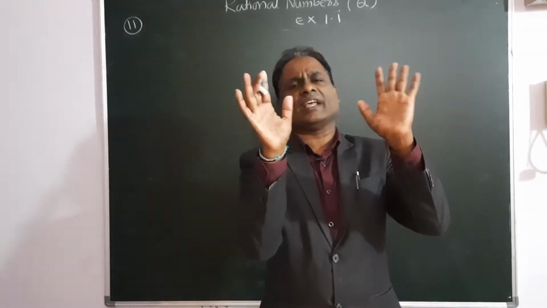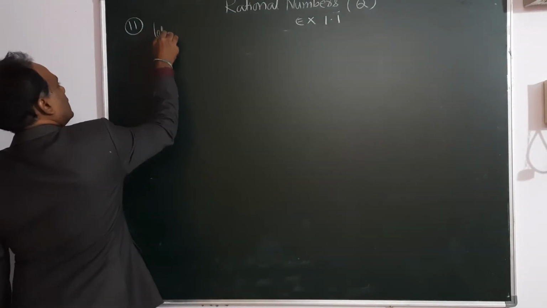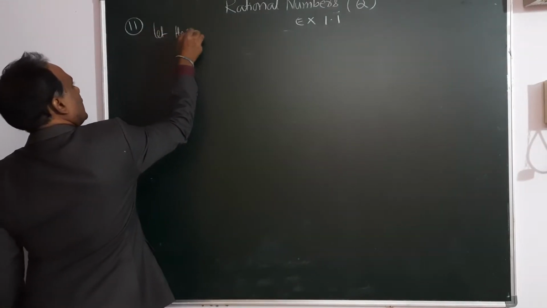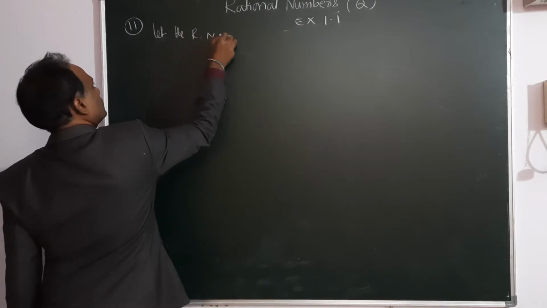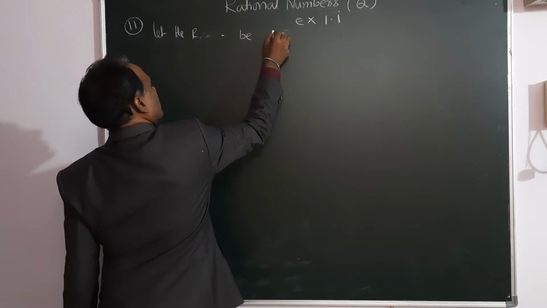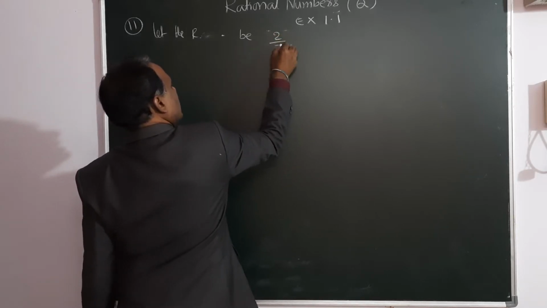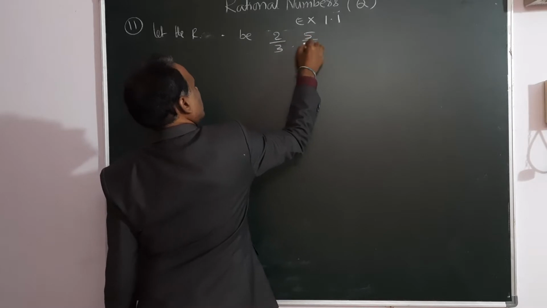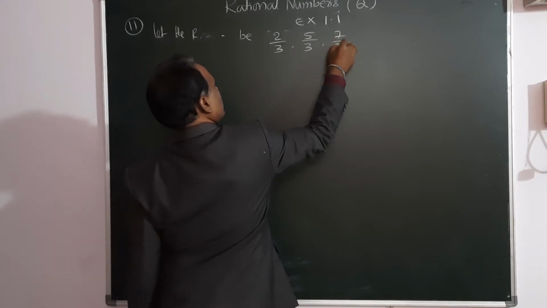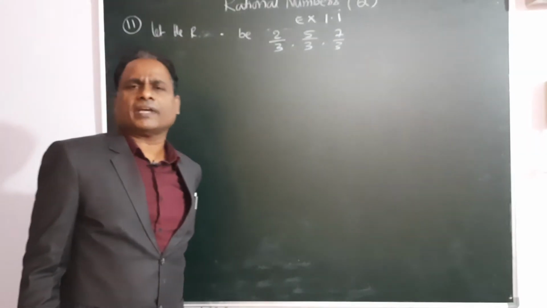So take any 3 rational numbers. I am taking 3 rational numbers, say for example 2 by 3, 5 by 3, 7 by 3.